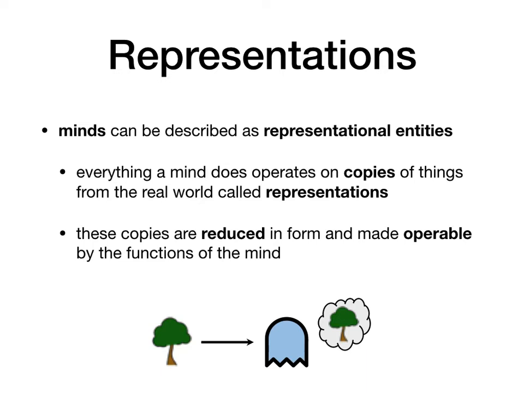Everything the mind does operates on some sort of copy of things from the real world called representations, and then they're held in some reduced form, neural firing, of course, but held there somehow and made operable by all the functions of the mind. So what might constitute a representation? Well, anything that you can put your mind to in a fairly literal sense.